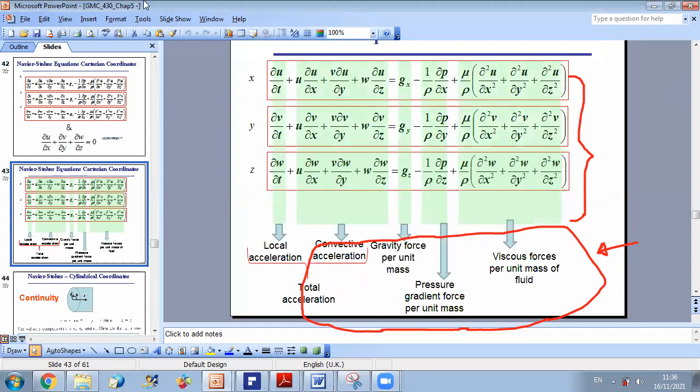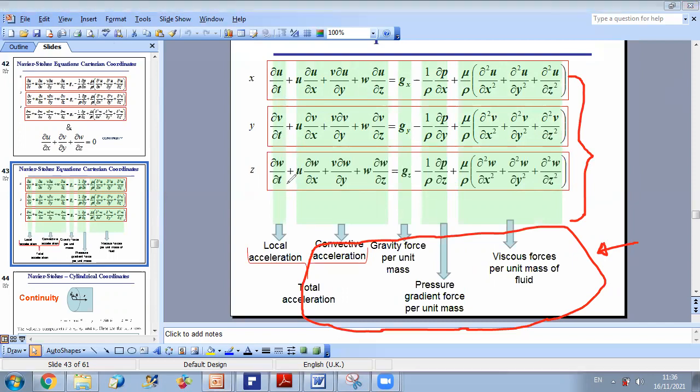So first, this term represents the local acceleration because it represents the variation of velocity with time at a certain point. If you remember, when we defined acceleration, we said that acceleration can be divided into two parts, local acceleration and convective acceleration. Local acceleration means we have variation of velocity at a specific location with respect to time, while convective acceleration means that velocity is varying with position.